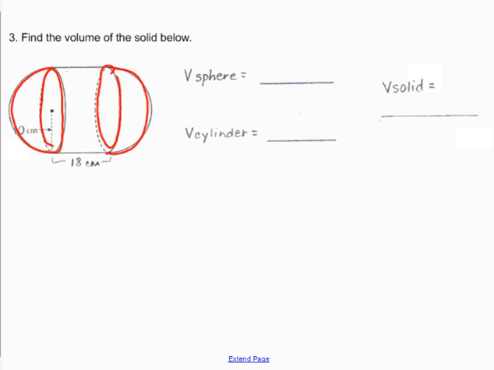So I'm going to do 4/3 pi, and then the radius is 10. And when I calculate that all out, I get 4,188.8 centimeters cubed.